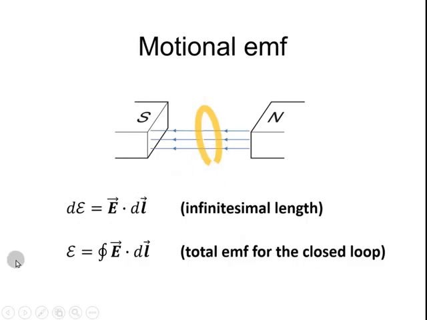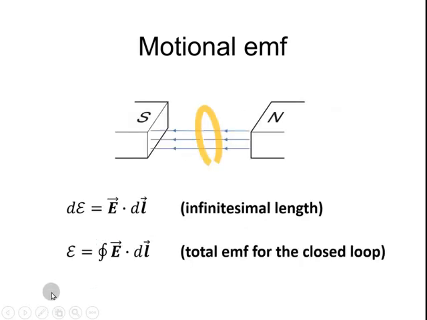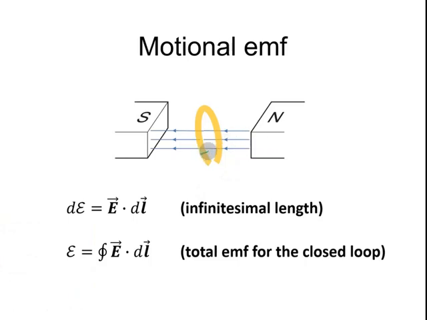If we should have a short element here, then the induced EMF will be very small. This is a short element here. Then the induced EMF will be very small.